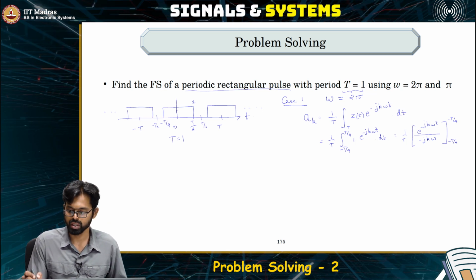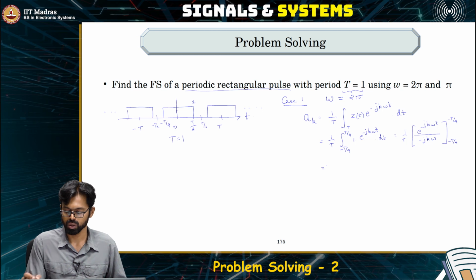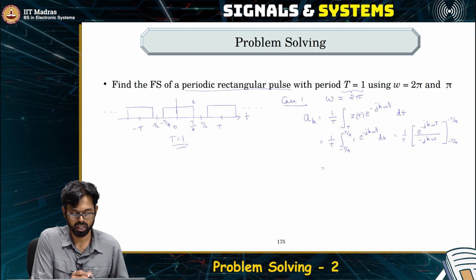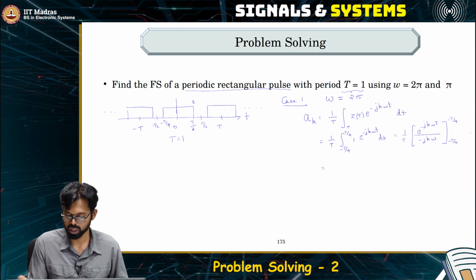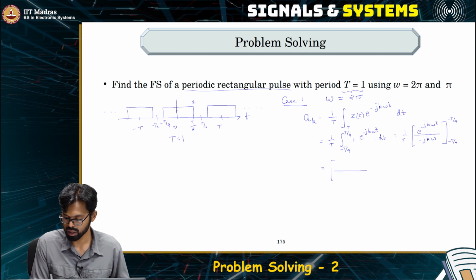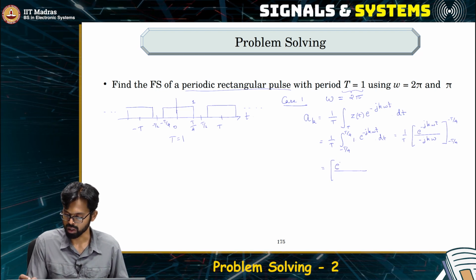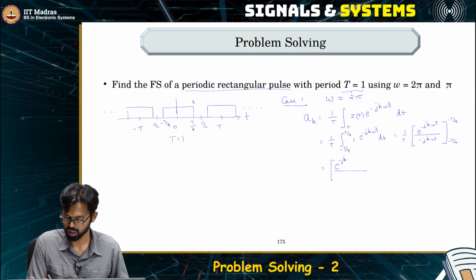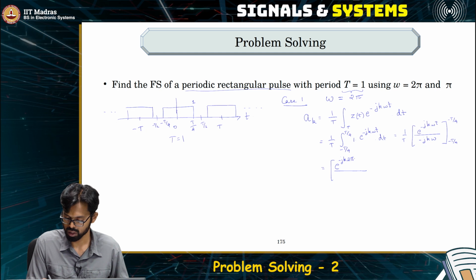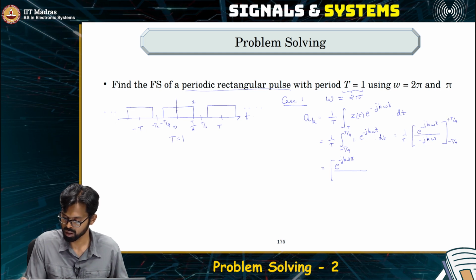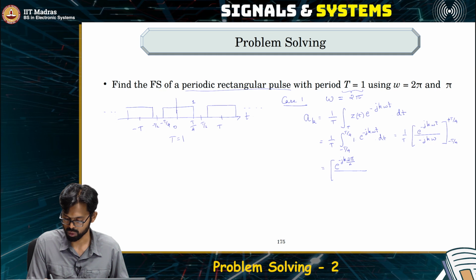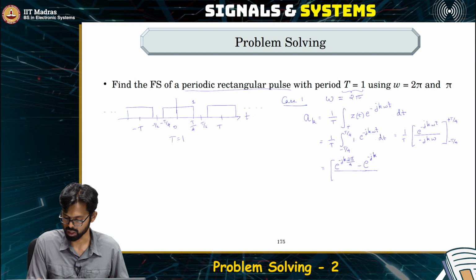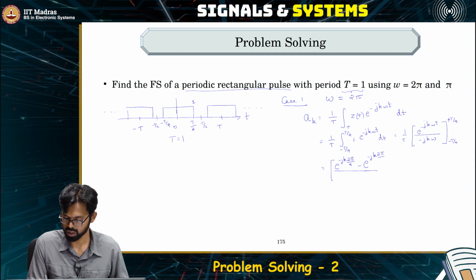Okay, and what is given here is that omega is 2 pi. So if you substitute 2 pi here, what do you get? And T is given to be 1. So substituting those numbers here, we simply get e power minus j k 2 pi by 4 minus e power minus j k 2 pi by 4.